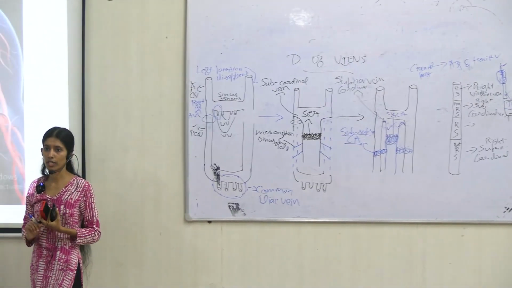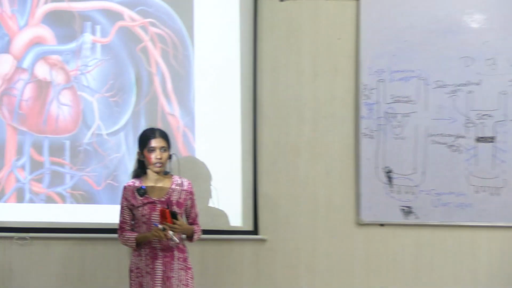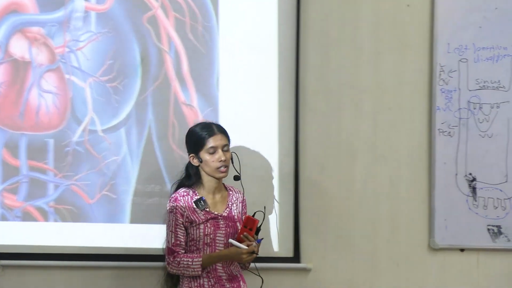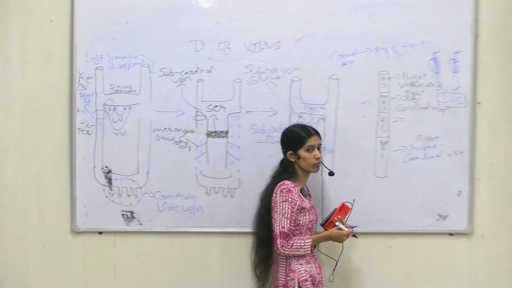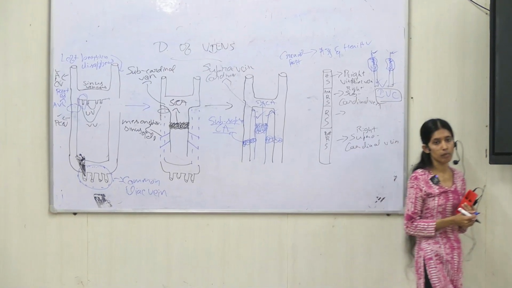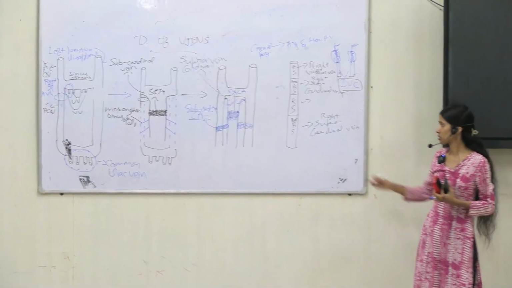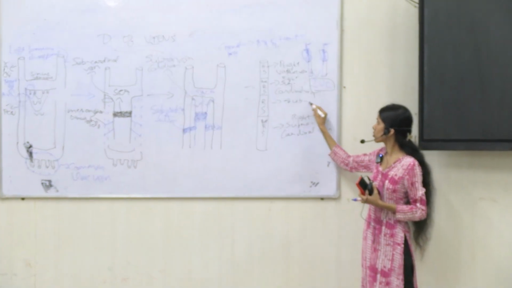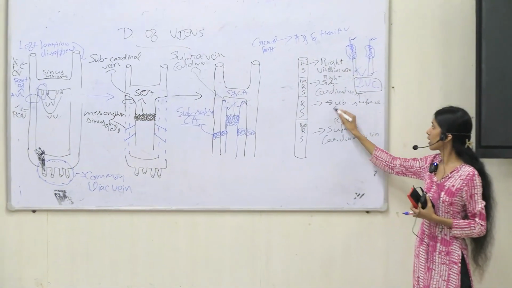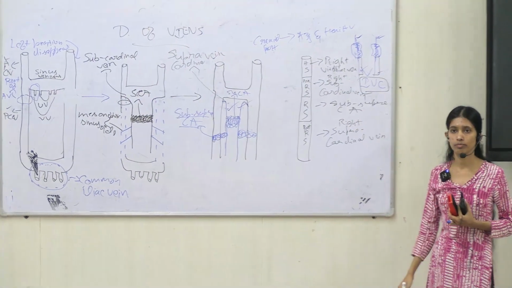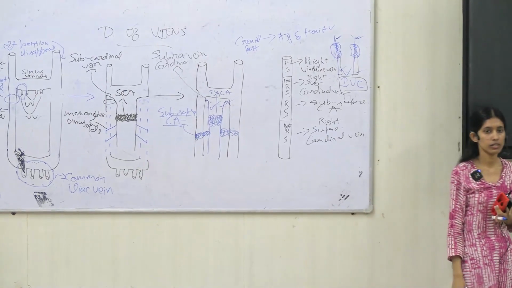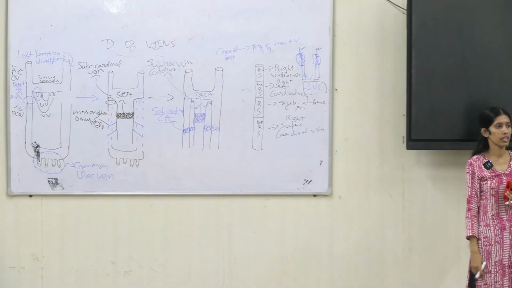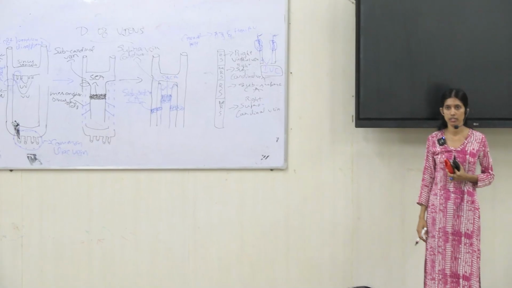For the development of inferior vena cava, only the right side structures contribute. Your renal segment develops from the subsupracardinal anastomosis. Okay, is it clear? This is how the inferior vena cava development takes place.